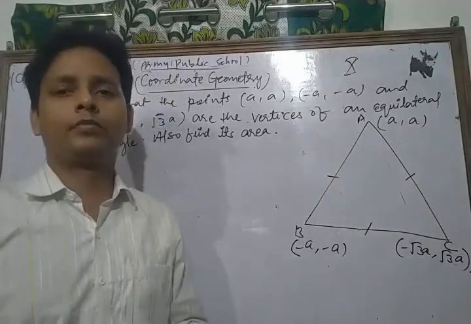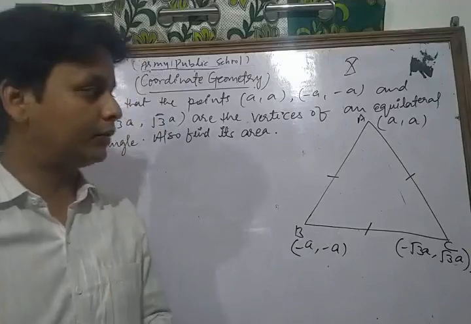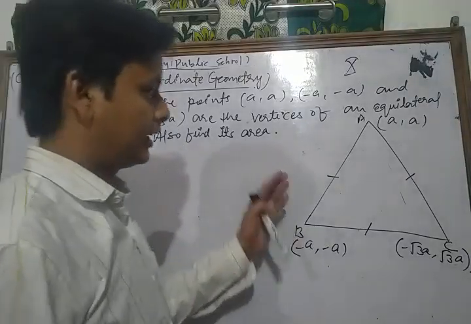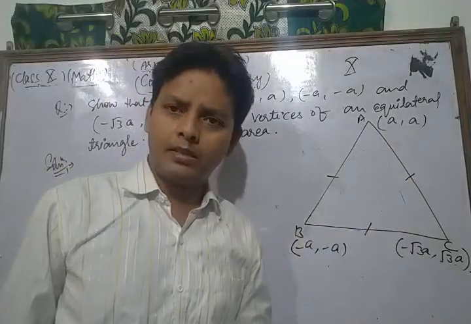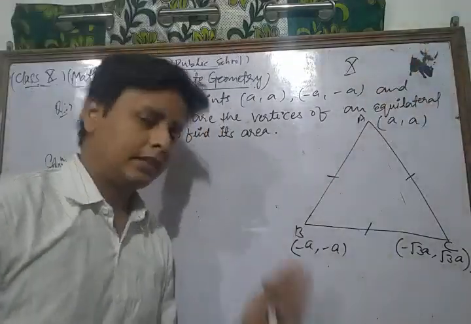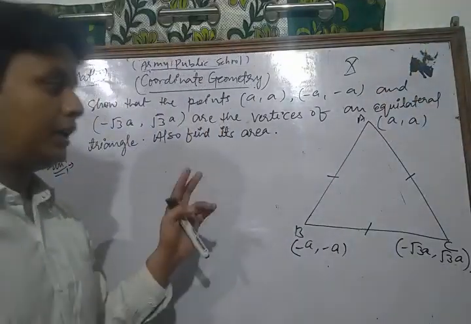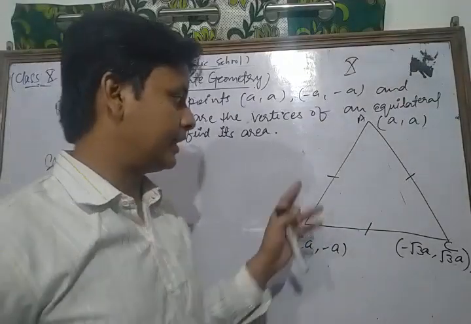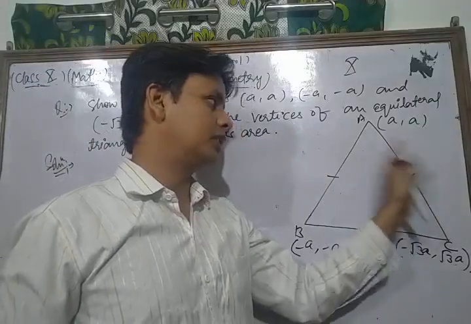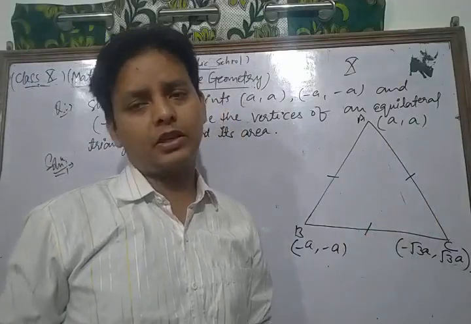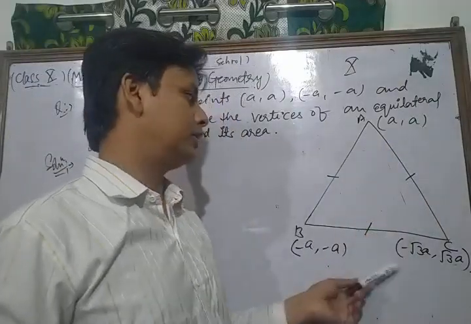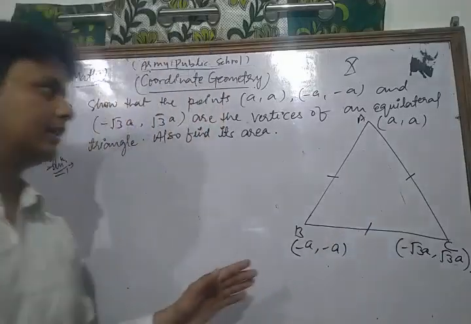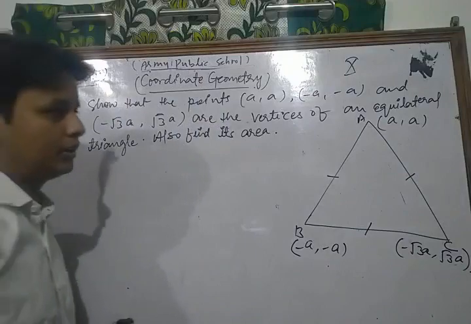Then, if all of its sides are equal, that is AB equals BC equals CA, we can say these are the vertices of an equilateral triangle.